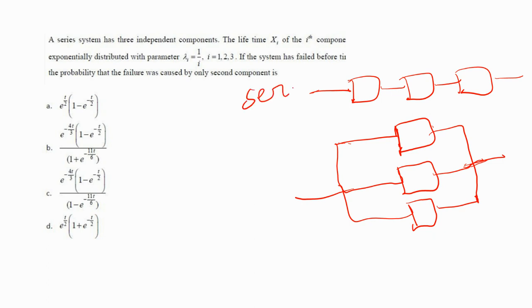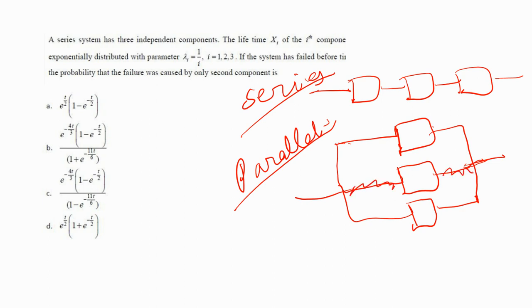So this one is series, this one is parallel. The difference is that in series, if this one is not working, then whether this or this works or doesn't work really doesn't matter.